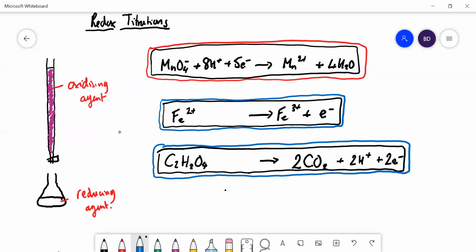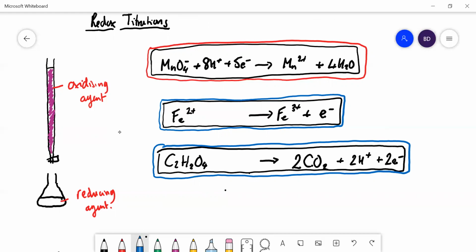If you look at some old questions, you might see some where they use the dichromate ion as the oxidizing agent, and that goes to Cr3 plus, but that's officially off the specification now, so you don't need to know it. But if you do come across any old questions, that's the equation you're going to have to use.